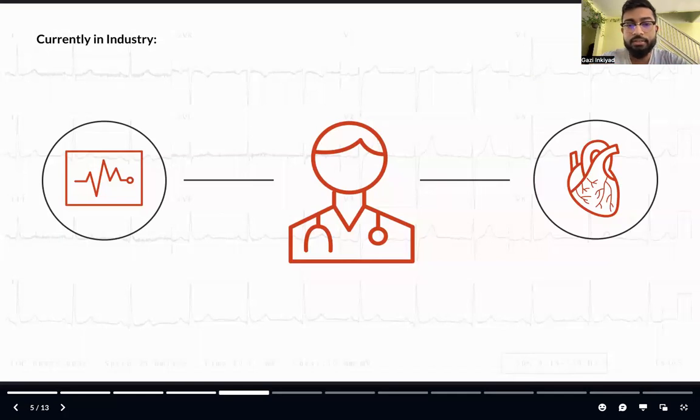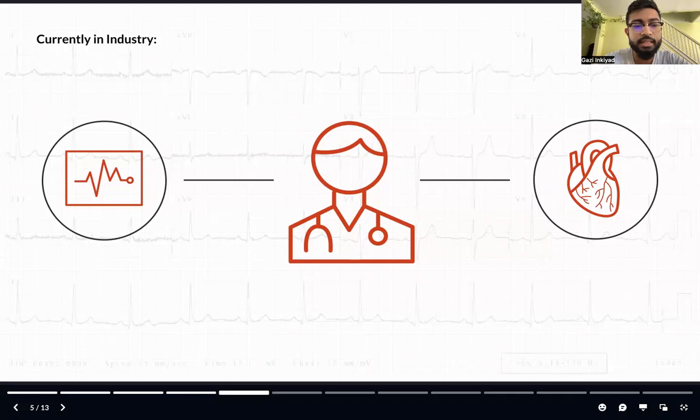currently in the industry, doctors and cardiologists have to look through ECG graphs to diagnose what's wrong with patients. And honestly, they would have to look at hundreds of ECG graphs and waveforms to detect what the problems are. You can see from the background of this slide that the ECG graphs look really ugly.